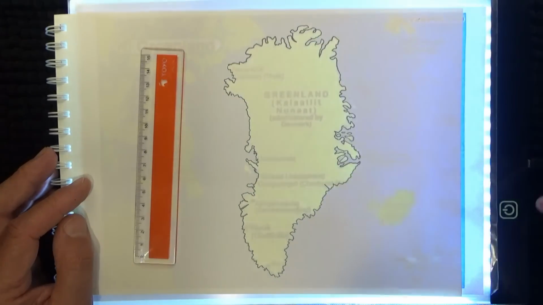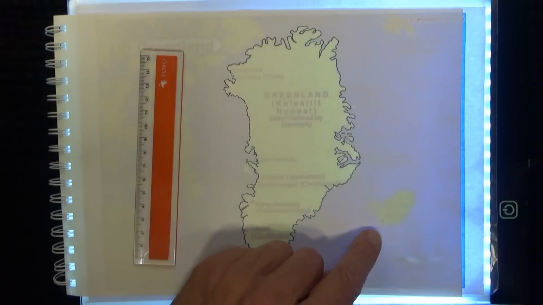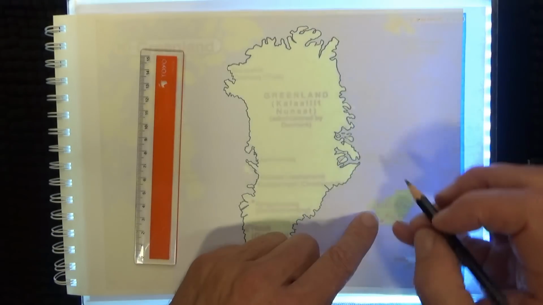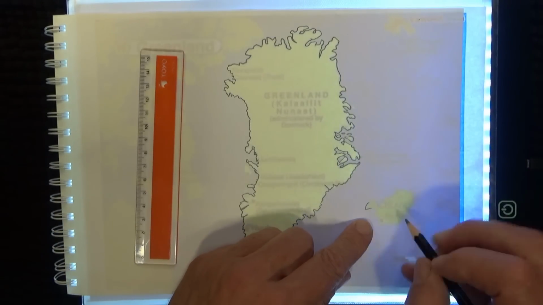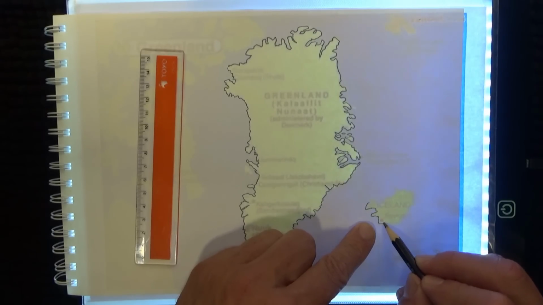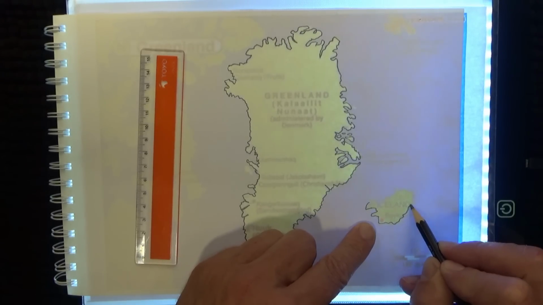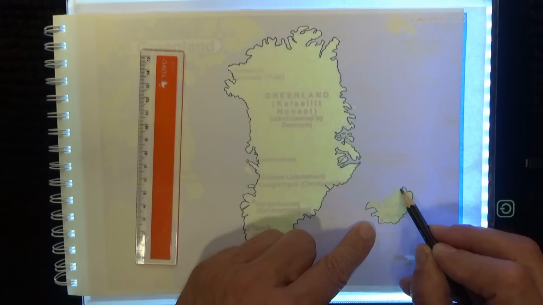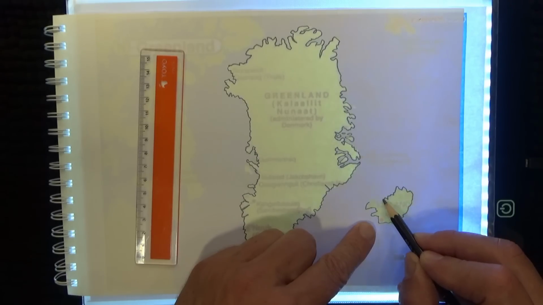Now, the interesting thing about Greenland, this is Iceland here, which I've already done.